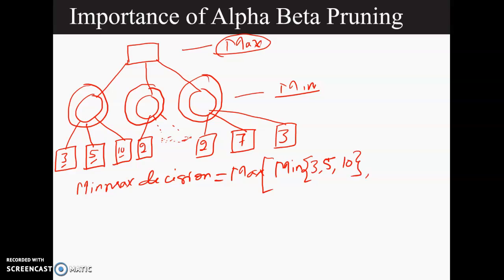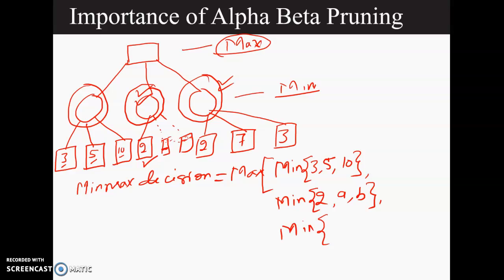Similarly, for finding the minimum value at this node, what I will do, I will apply the function min. So I am writing it here, min. I have one value 2, but I don't have value at this node and value at this node. So I am assuming the value is A and the value is B. Then for this node, again I will write min, and the values are 2, 7 and 3.